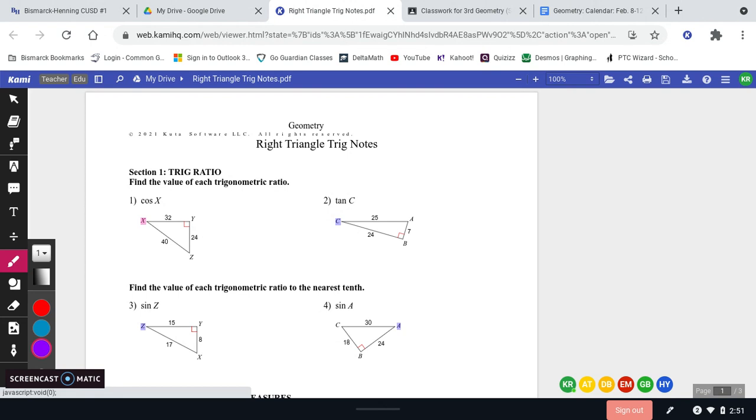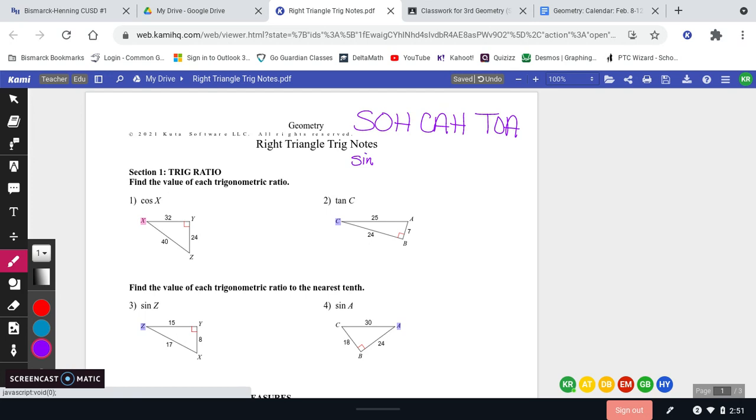So I want to talk to you about sine, cosine, and tangent. We did those notes a few days ago, but we're going to use the phrase SOHCAHTOA to remind us of our definitions for sine, cosine, and tangent. S stands for sine.